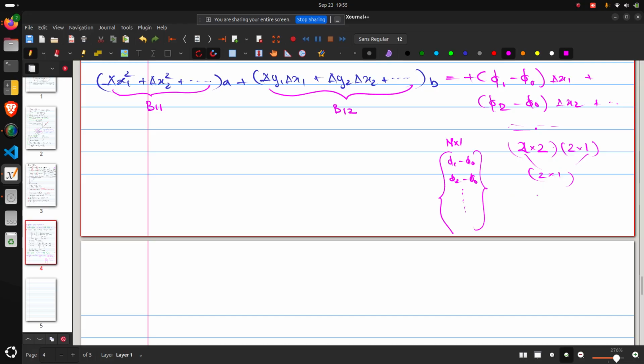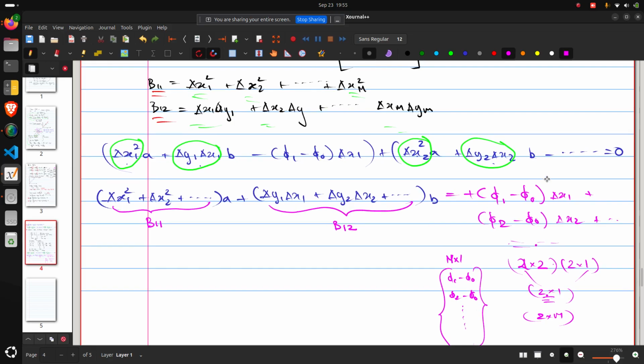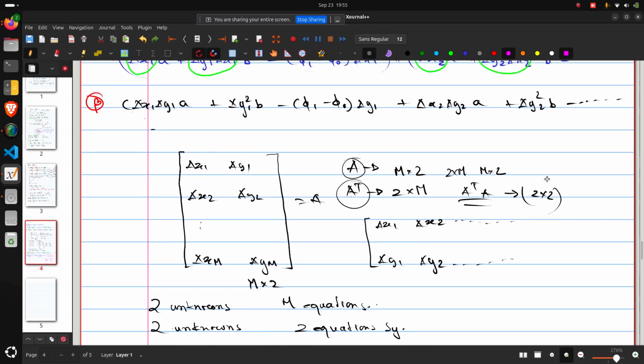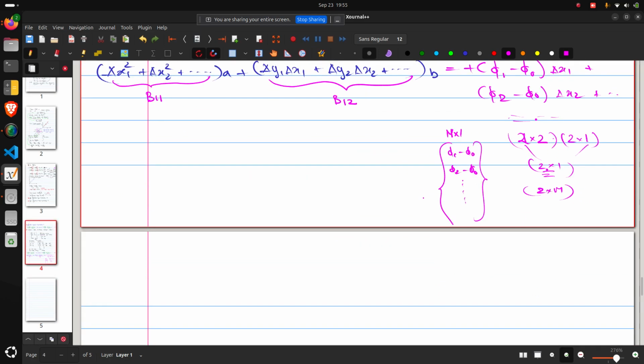We need a 2 cross M matrix, which we multiply with it to get a 2 cross 1 vector. What is a 2 cross M matrix that we have here? The A transpose was a 2 cross M matrix, right. So let us just check, multiply and see what terms we get.